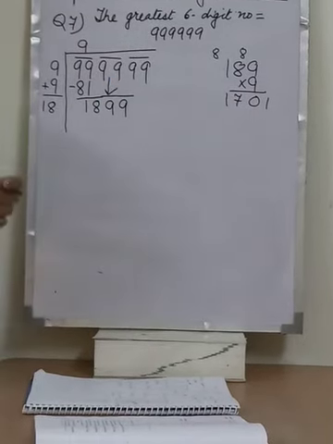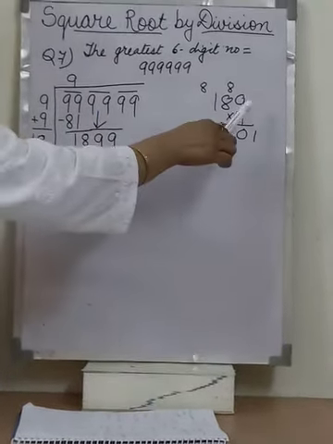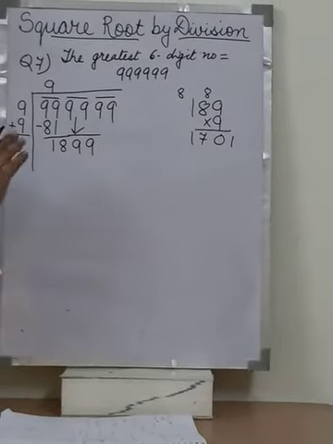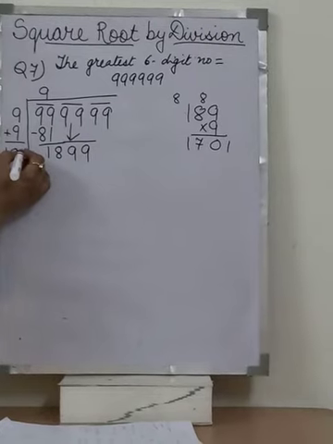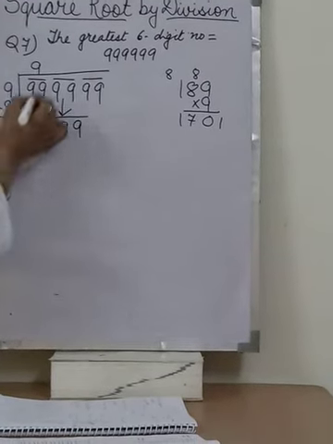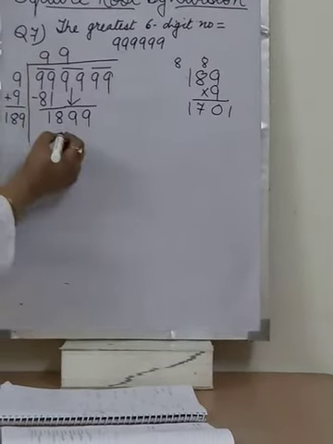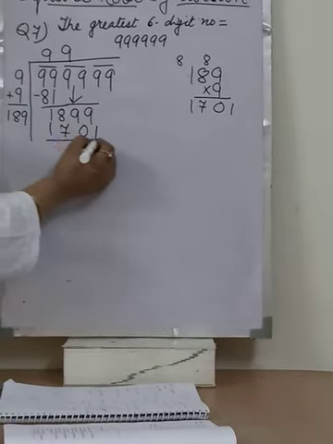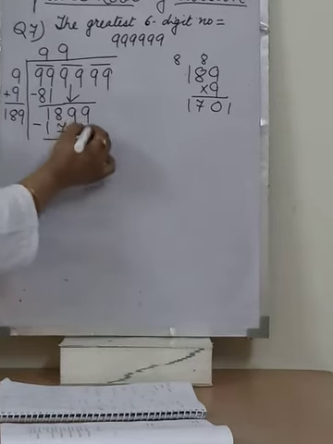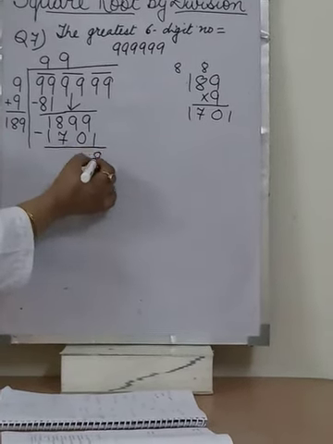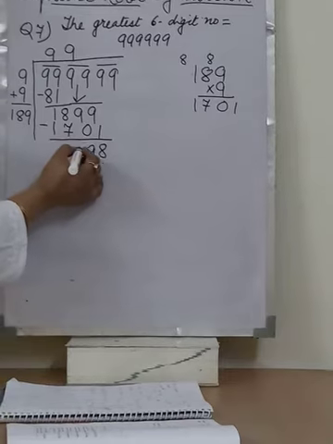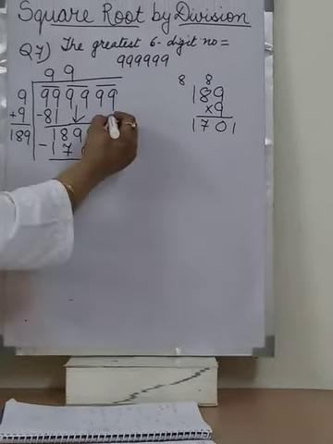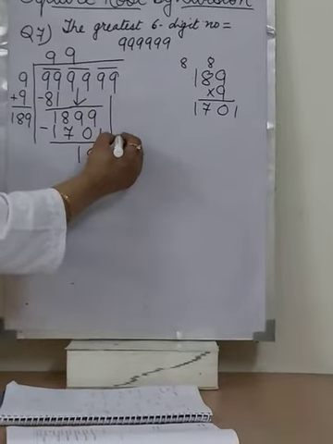We cannot have a number greater than 9. This is the greatest number. If the next number is 0, the moment we multiply it with 0, it will become 0. So I put 9 here and 9. What did we get? 1701. We subtract. 9 minus 1 will give you 8. What did we get? 198. To get the new dividend, we copy down this another pair.